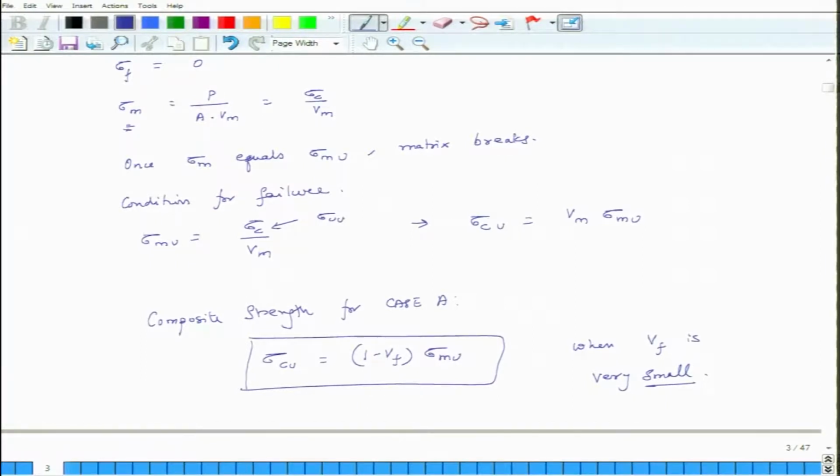When Vf is extremely small, fibers break, and at that time all the extra load from fibers gets transferred to matrix. Matrix can still absorb that extra load. So, now I can keep on loading it further, and finally the matrix will fail when the stress in the composite, sigma Cu, equals 1 minus Vf times the ultimate strength of the matrix material in tension. Okay, so this is case A.